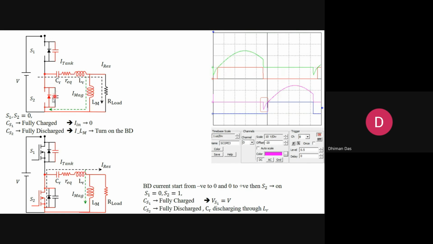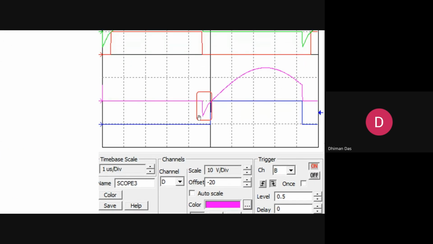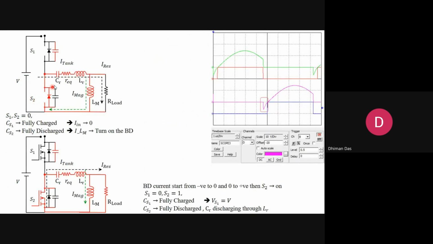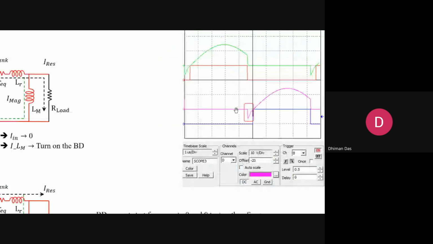When we assume that current is entering the device, then as per the sign convention of current, this is the negative current. Now this negative current tries to flow across the body diode and tries to circulate along this network. Now when it happens, this negative current goes to 0, and from 0 it tries to go positive.